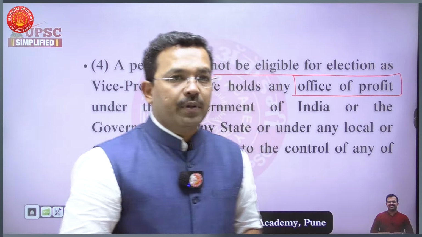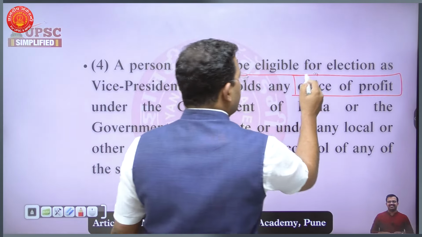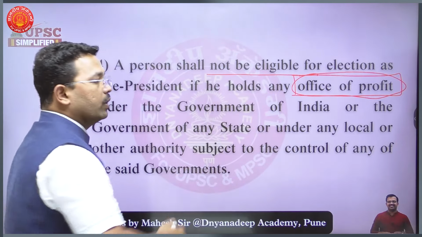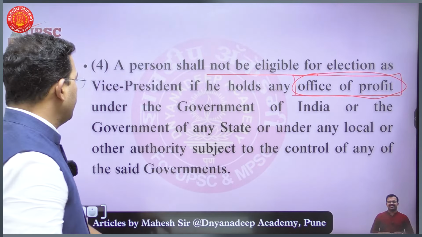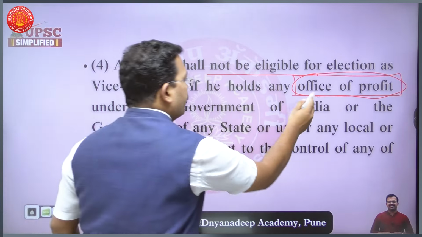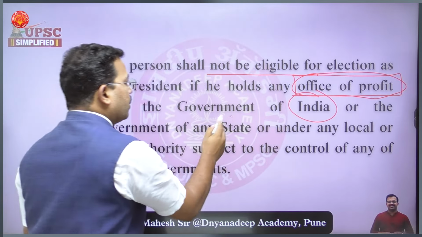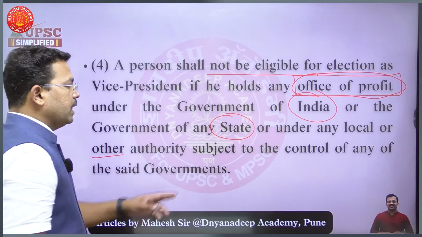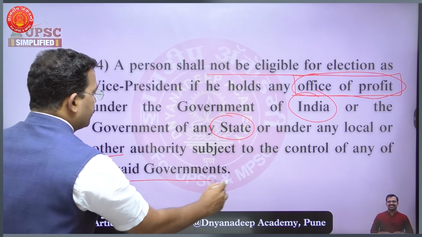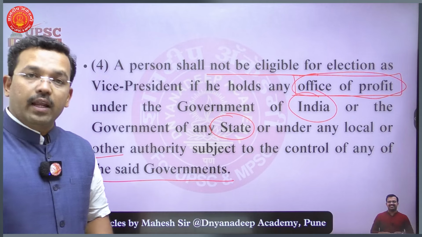That's why any person holding any office of profit will not be eligible to get elected as vice president of India. This office of profit might be under the Government of India or the government of any state or under any local authority subject to the control of a state government. So he should not hold any office of profit.